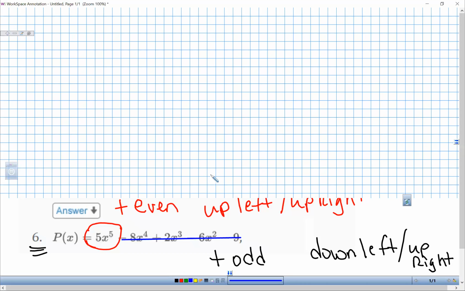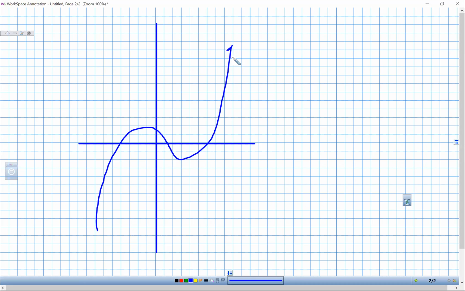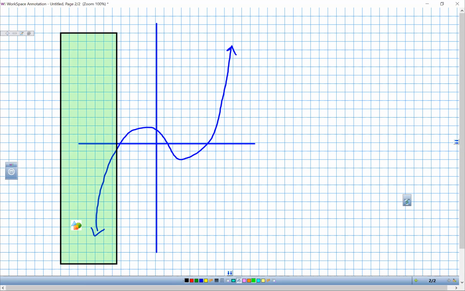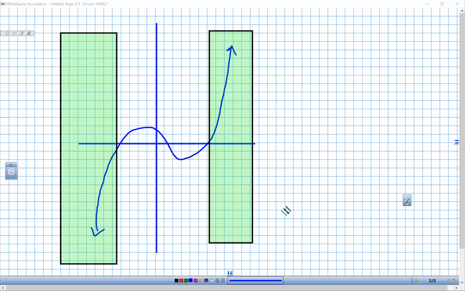So let me just give you a quick graph so you can visualize what this might look like. So here is our x and y axes. So positive and odd, we said, went down on the left and up on the right. So here would be an example of a graph that is positive and odd. So you can see over here on the left side, the graph is going in a downward direction. Over here on the right side, it's going in an upward direction. Okay.